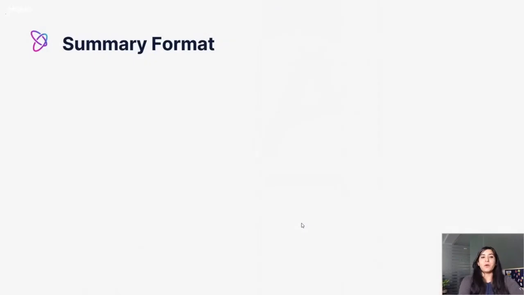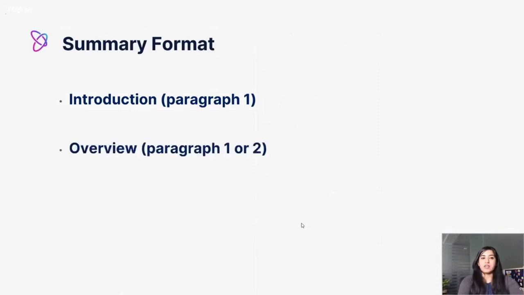Okay, now the next one that we're going to look at is the summary format, or the format in which your essay or your summary should be structured. First of all, you'll have a couple of paragraphs. Your first paragraph will be your introduction, where you're summing up everything that's happening or giving the introductory line. Next, paragraph 1 or paragraph 2 would be your overview.